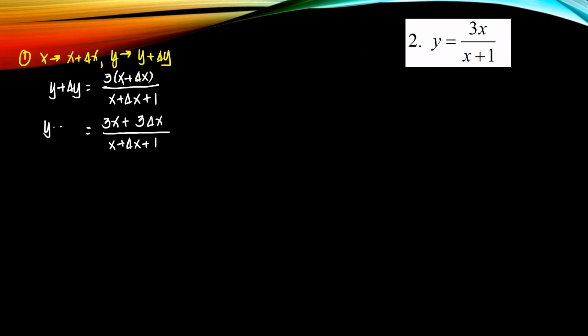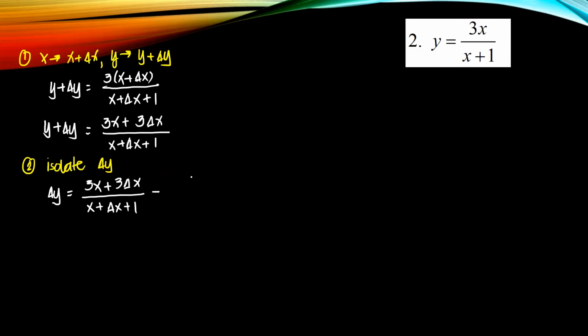Unlike earlier. It's okay. So what we do here now is, let's go to step number 2. Isolate delta y. So when I isolate delta y, this becomes 3x plus 3 delta x all over x plus delta x plus 1 minus, isn't it that y is actually the original problem? Right? So some of you might ask, sir, that looks ugly.